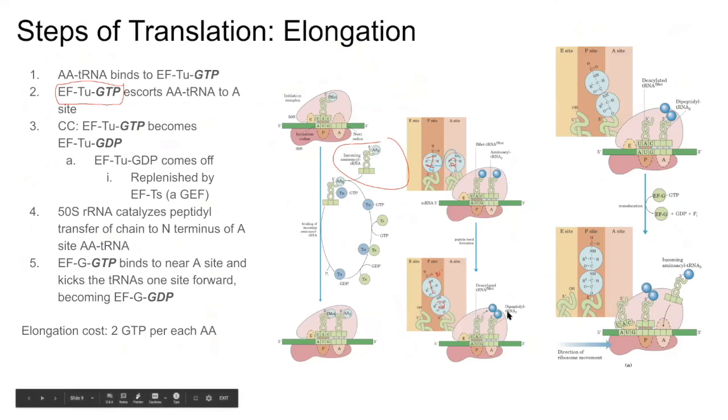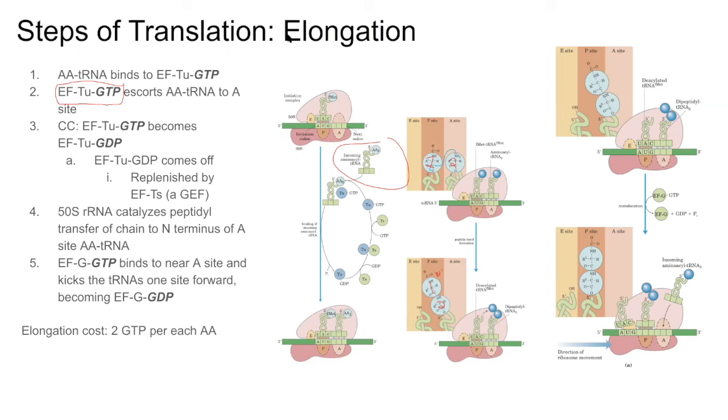Now you're left with an empty tRNA and a newly multi-peptide bound tRNA, and we want to scooch that to the next site. Remember, A site is entry of tRNA, P site has the peptide, E is exit. We want to scooch everybody one to the next one, so we need something to kick it, and that is a process that requires energy.